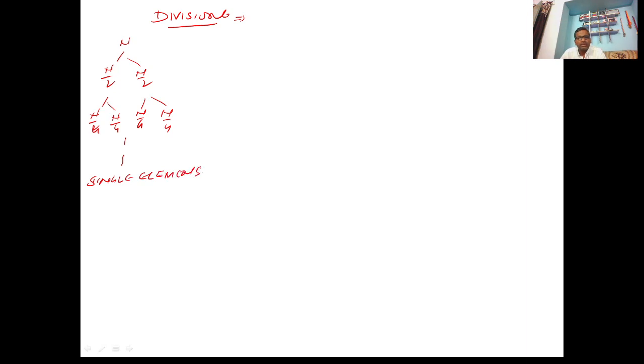Now how it has to be implemented. Let there be an algorithm named merge sort. It is called with two arguments, low and high. So what exactly are these low and high? Suppose we have a list containing 8 elements: 1, 3, 4, 2, 5, 7, and 8.